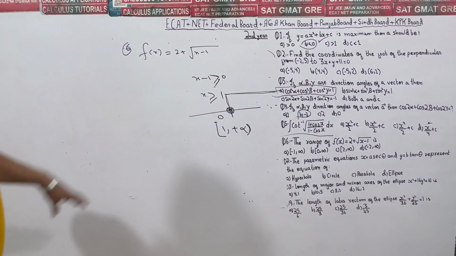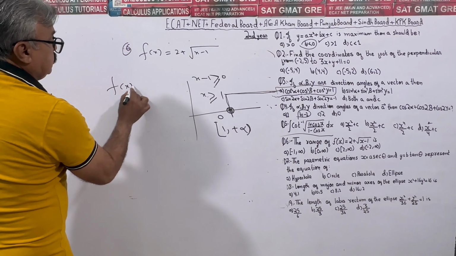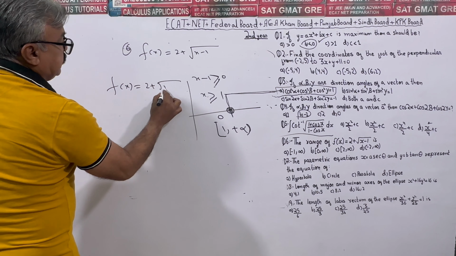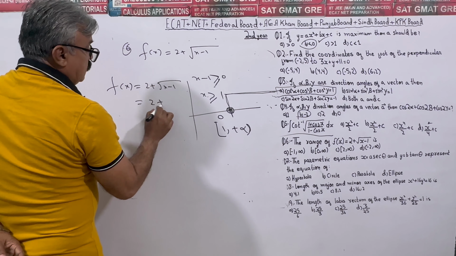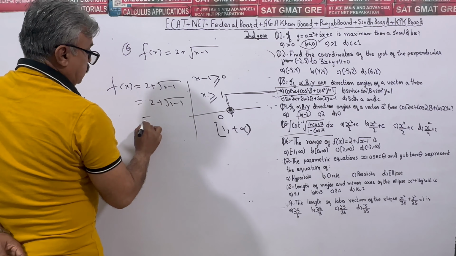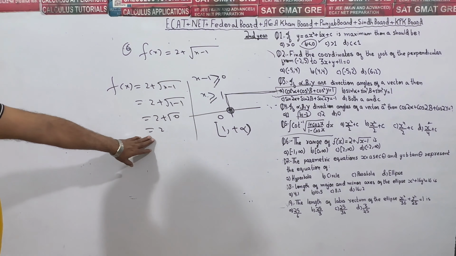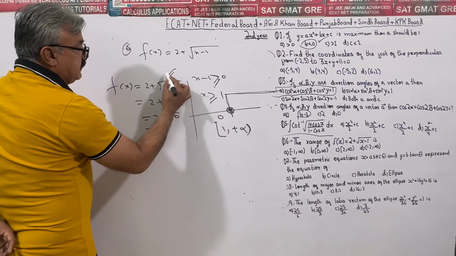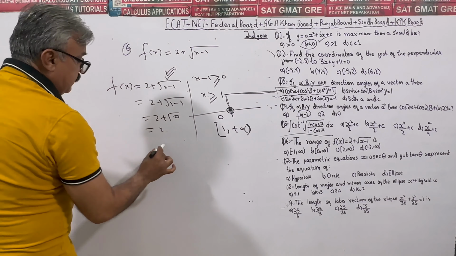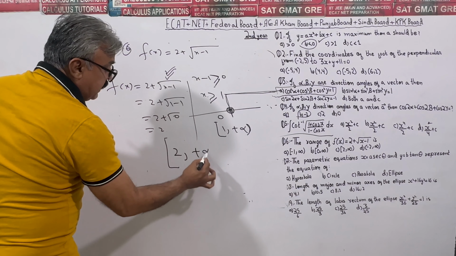We are asked to find its range. f of x is equal to 2 plus root x minus 1. What is our starting point? Put 1: 2 plus root of 1 minus 1, so 2 plus root 0, that's 2. The starting point is 2. Then keep on putting values, it increases, it increases. So our range is going to be 2 inclusive towards the right.